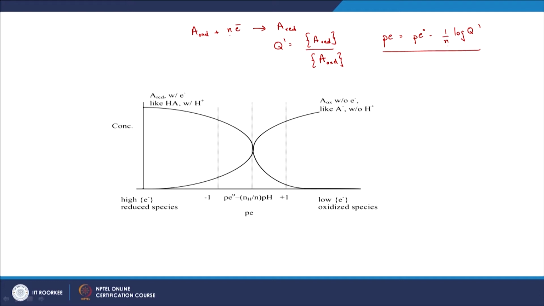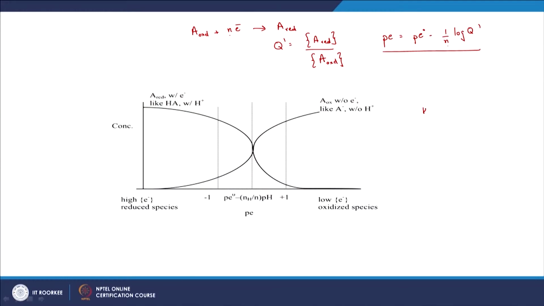Once we looked at the equation of PE, we then looked at the relevance of PE naught, and also at how I can understand the system by looking at the variable PE minus PE naught. For that, we tried to draw an analogy with acid base reactions, where HA can deprotonate to give H plus and A minus.